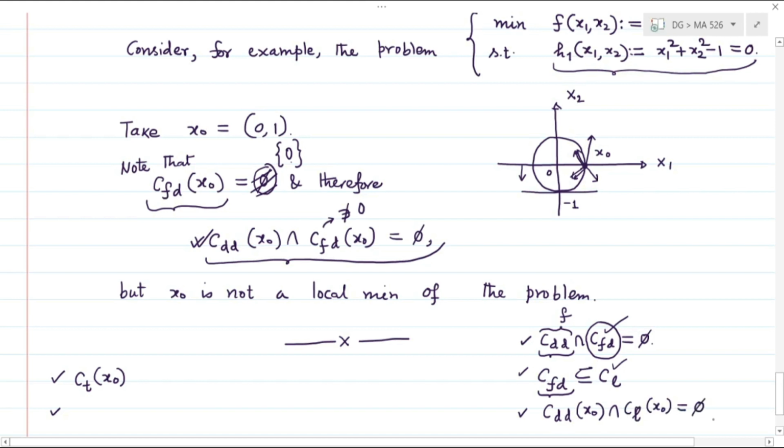So my question clearly is the following: if x naught is a local minimum, does it follow that CDD x naught intersection CL x naught is equal to null? Let you think about this question.